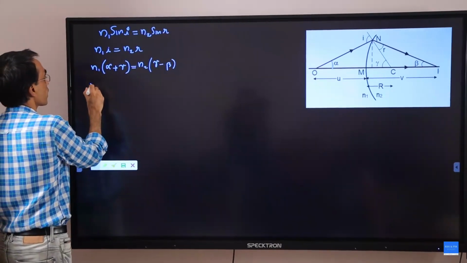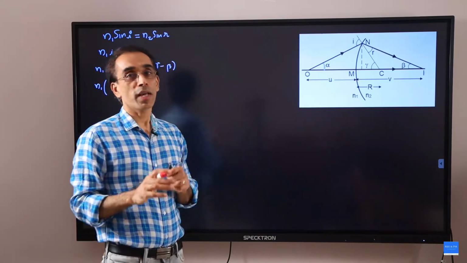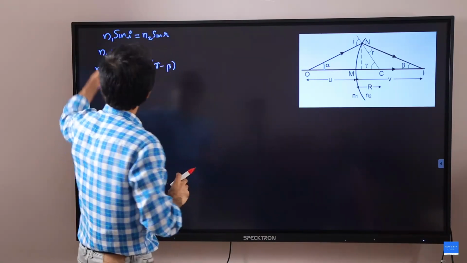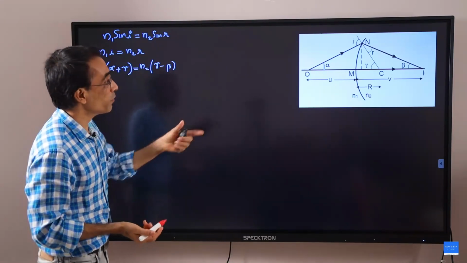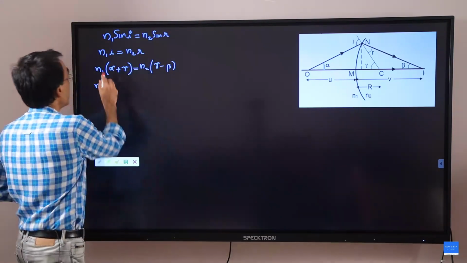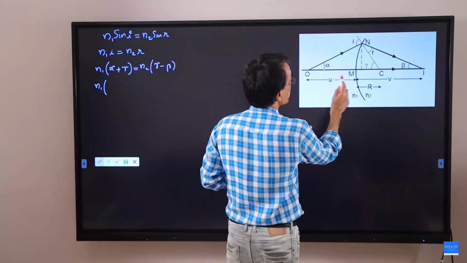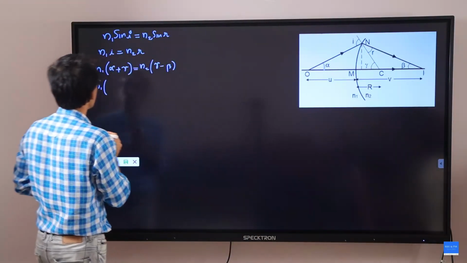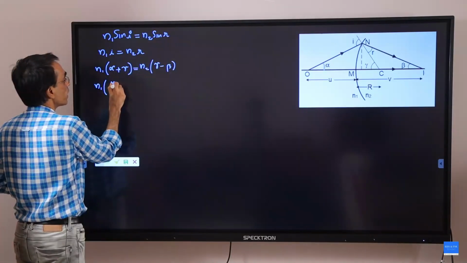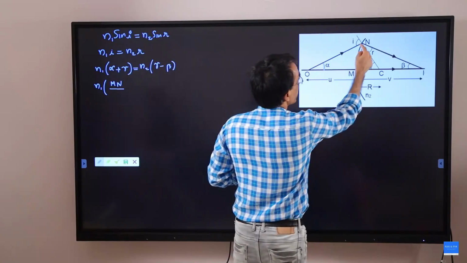Fine. Now, N1 times, we are doing small angle approximation, therefore sin theta equal to theta equal to tan theta. So alpha is nothing but tan alpha. And I can say tan alpha is MN divided by MO.